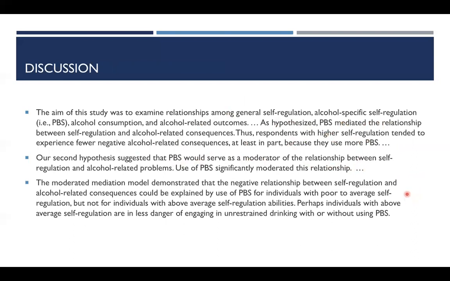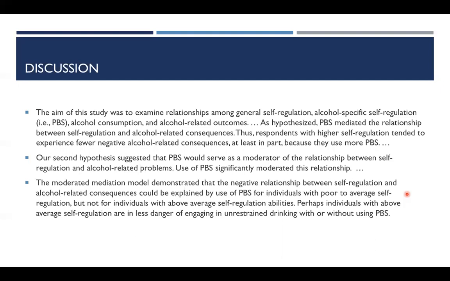The moderated mediation model demonstrated that the negative relationship between self-regulation and alcohol-related consequences could be explained by the use of PBS for individuals with poor to average self-regulation, but not for individuals with above average self-regulation abilities. Perhaps individuals with above average self-regulation are in less danger of engaging in unrestrained drinking with or without PBS.